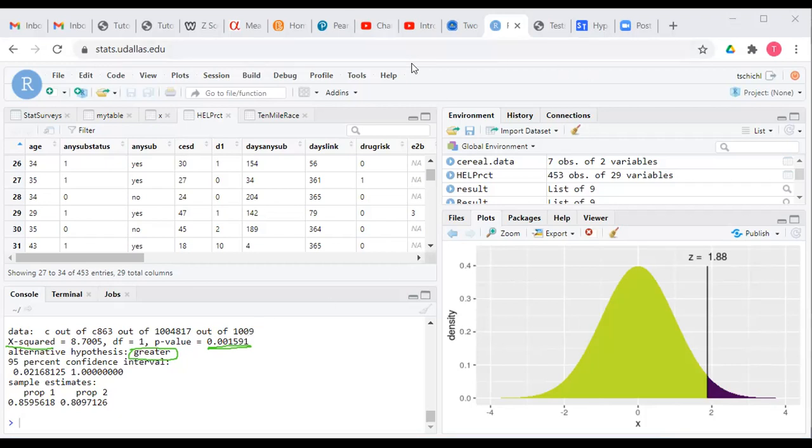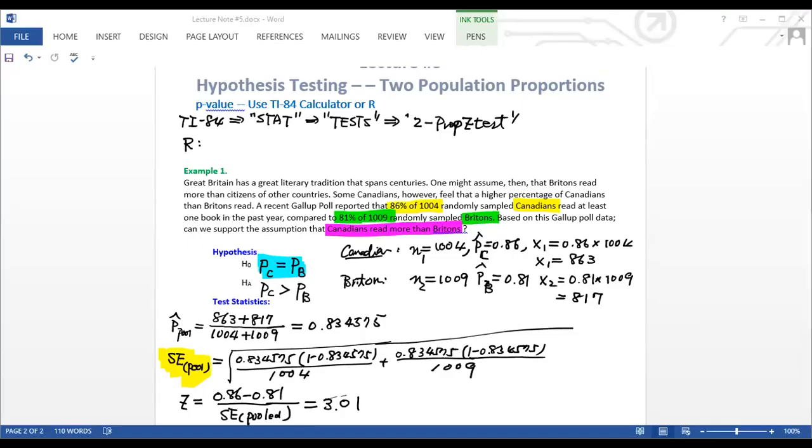So let's go back to our lecture notes. Let's put the code in here so you will remember.